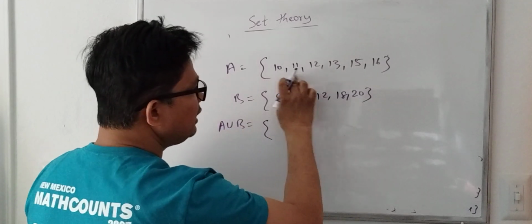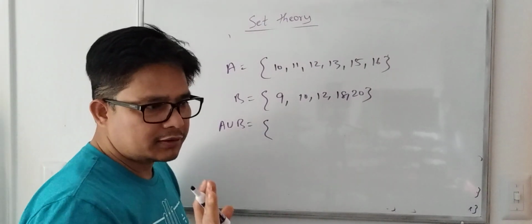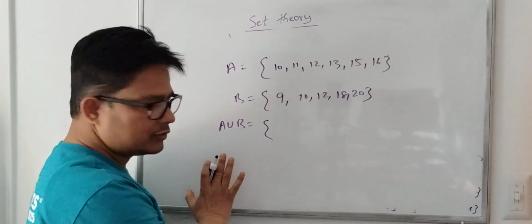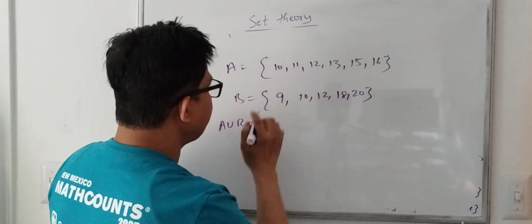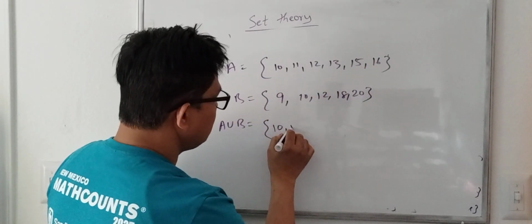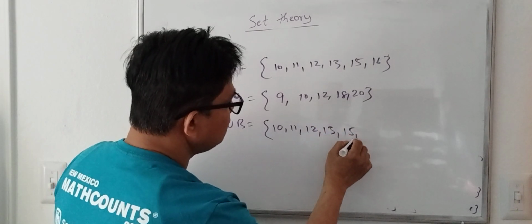What is the easiest way to find A union B? First, write down all the elements from A: 10, 11, 12, 13, 15, 16.